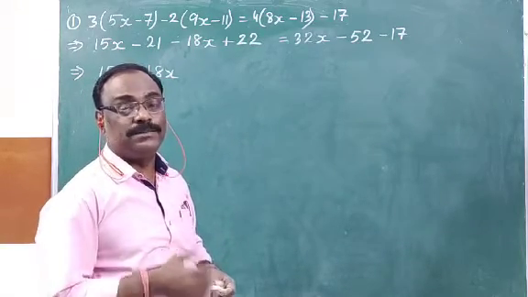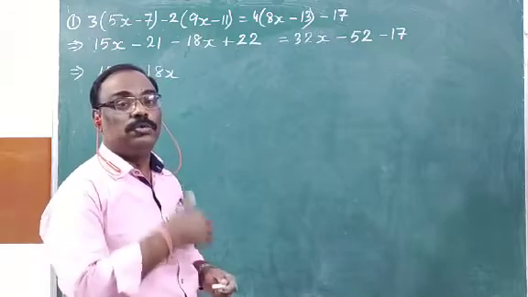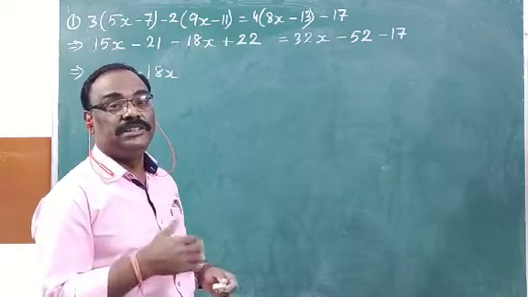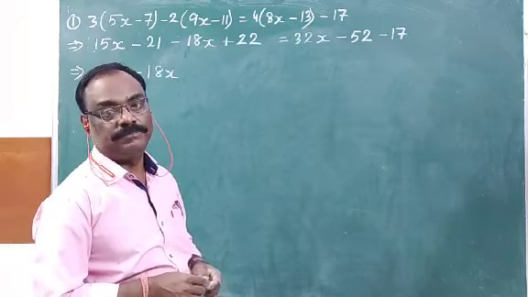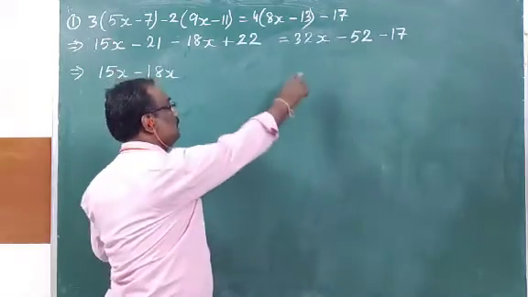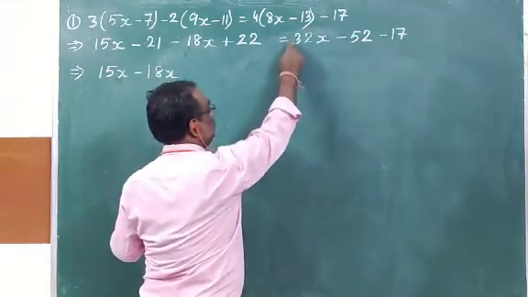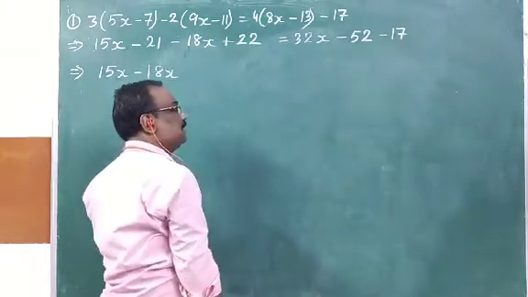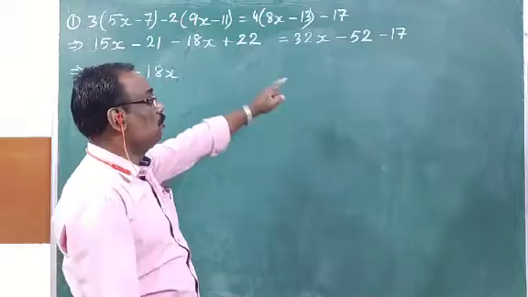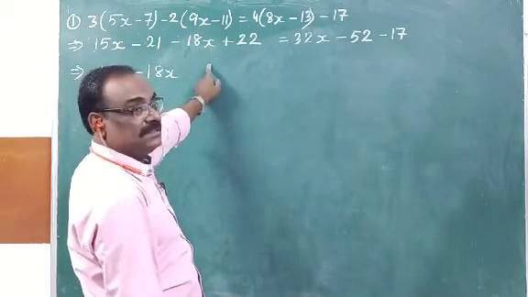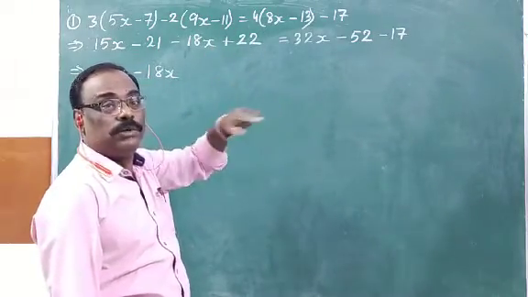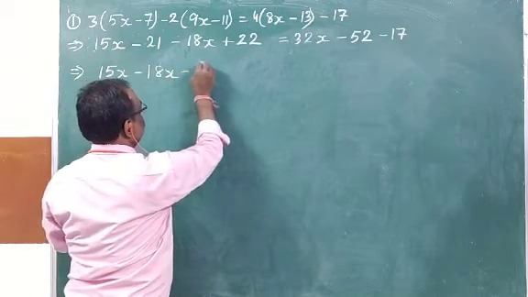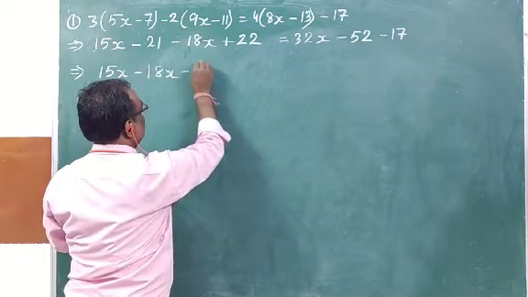That means when it is plus, when you are bringing towards the right side or left side, it will be changed into minus sign. Like here from the right side, you can see there is no sign here, means it is plus 32x. Now I want to bring this towards the left hand side. So plus 32x will change into minus 32x. So this will become minus 32x.